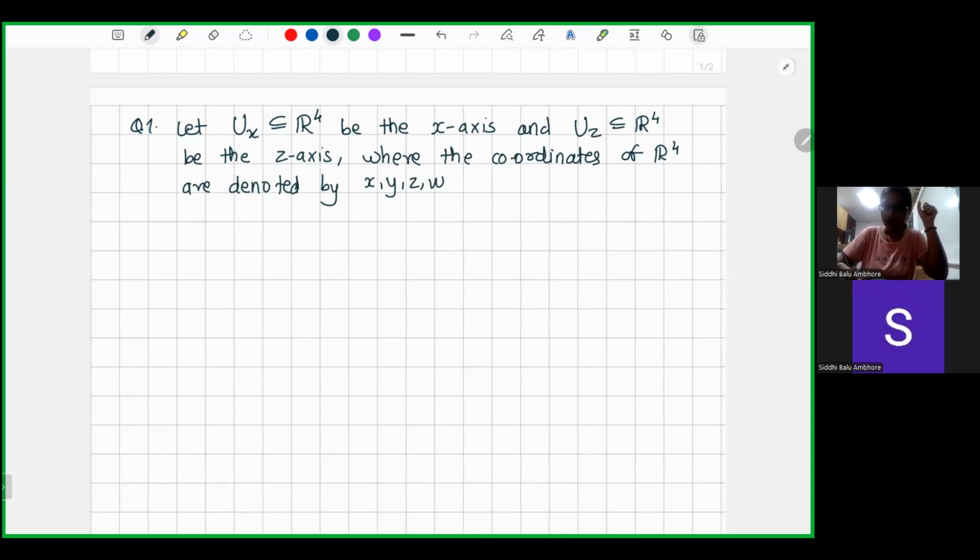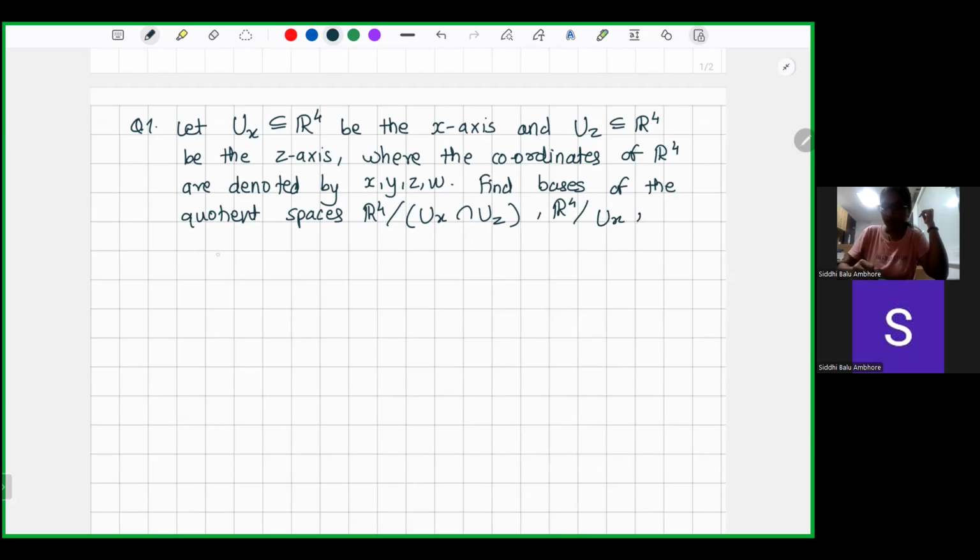Find a basis of the quotient spaces R4 by UX intersection UZ, R4 quotiented by UX, and R4 quotiented by UX plus UZ, and find their dimensions.